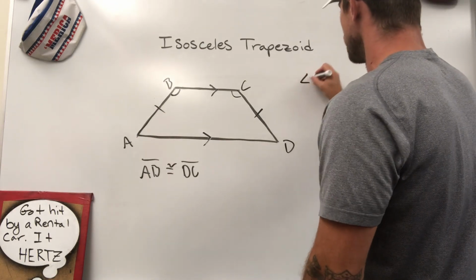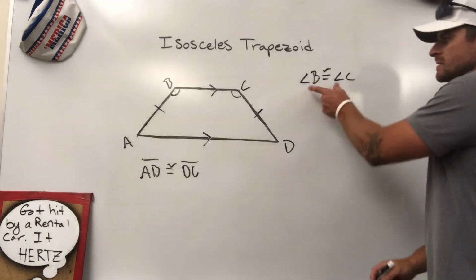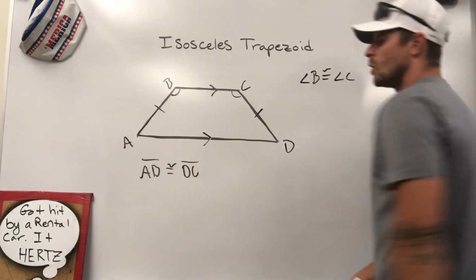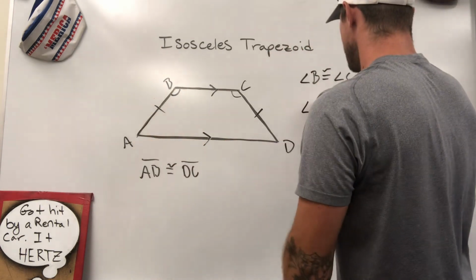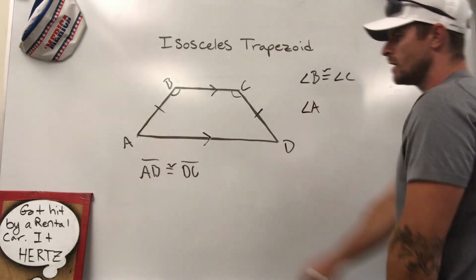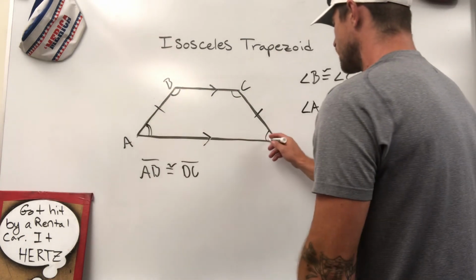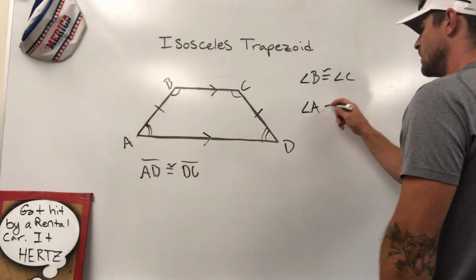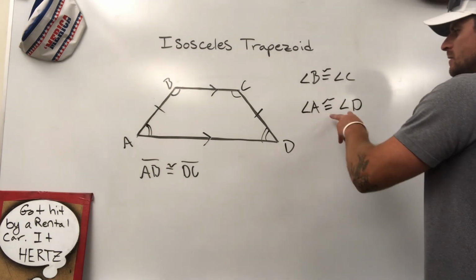So we could say angle B is congruent to angle C. This is also something we know. What else do we know? We also know that angle A, the lower left angle, is also going to be congruent to angle D, the lower right angle.